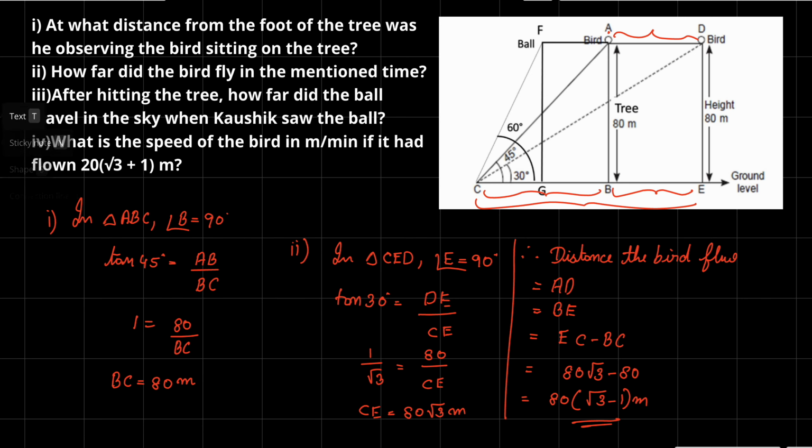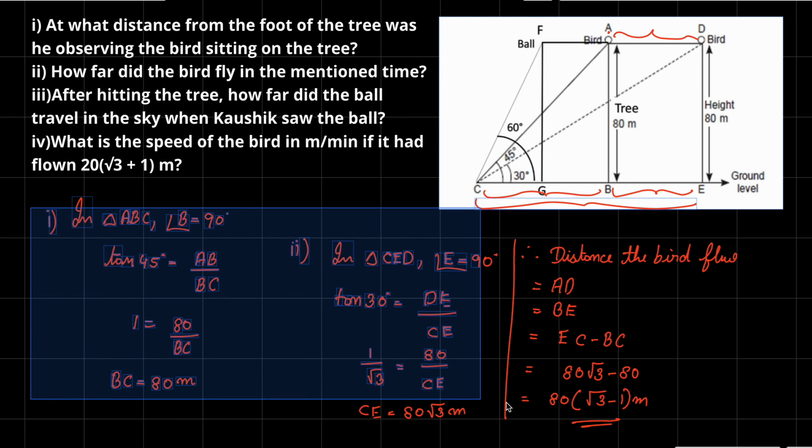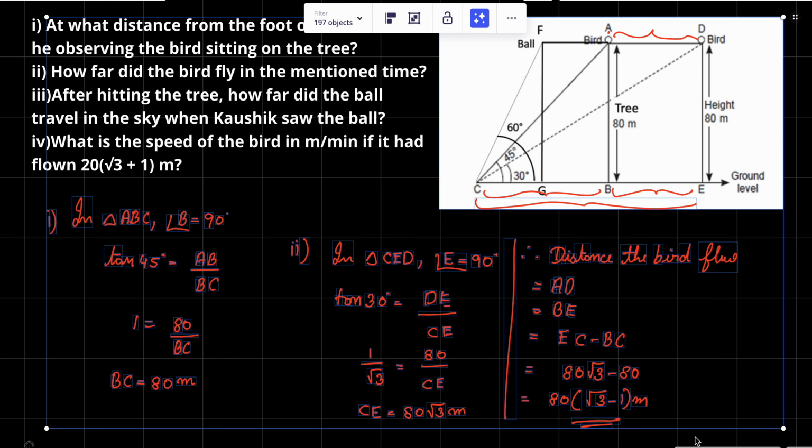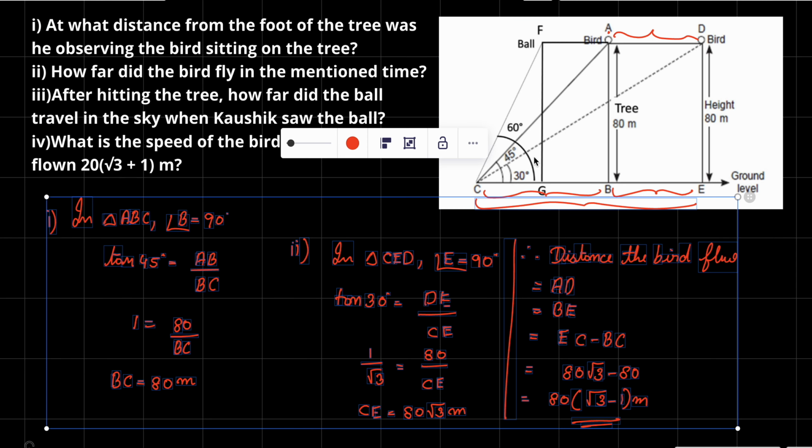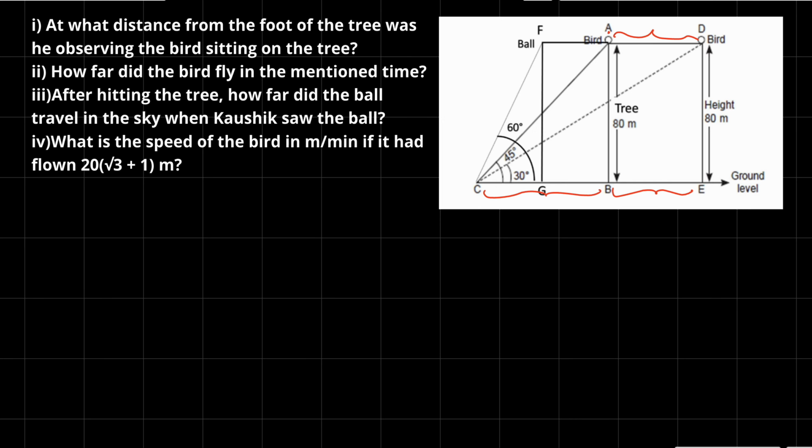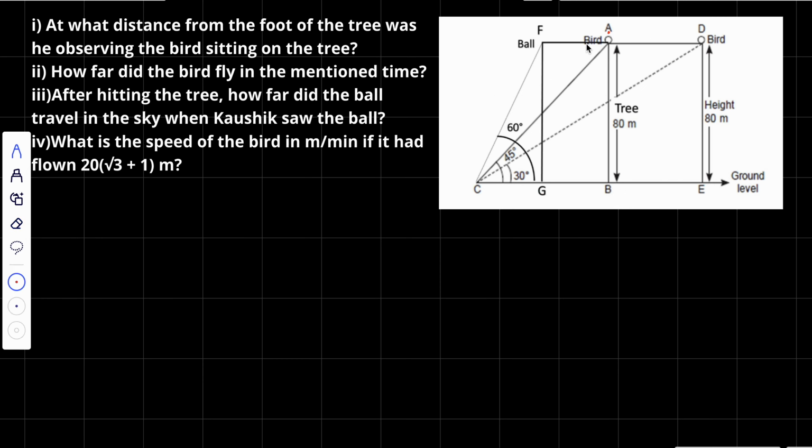Now going to the third part of the sum. It is asked that after hitting the tree, how far did the ball travel in the sky when Kaushik saw the ball? Now, the ball hit the tree at point A and flew back to point F. So we want to calculate AF.